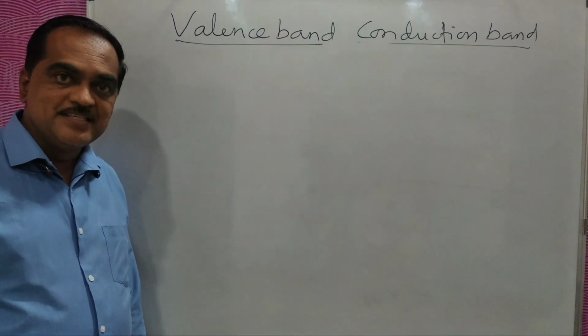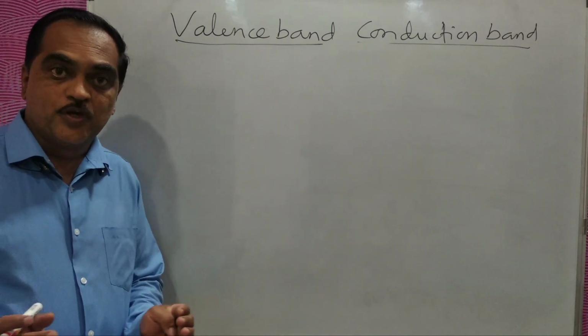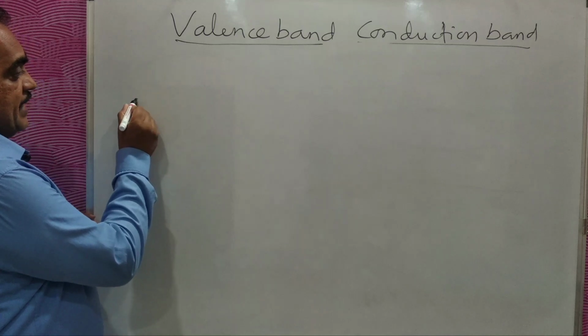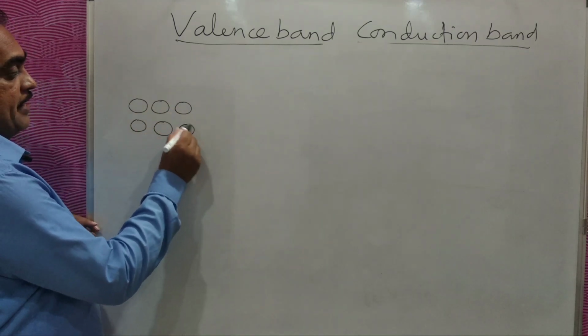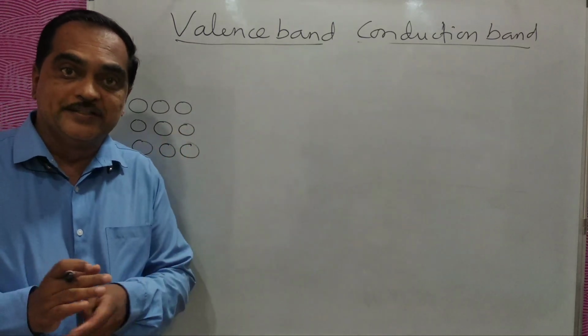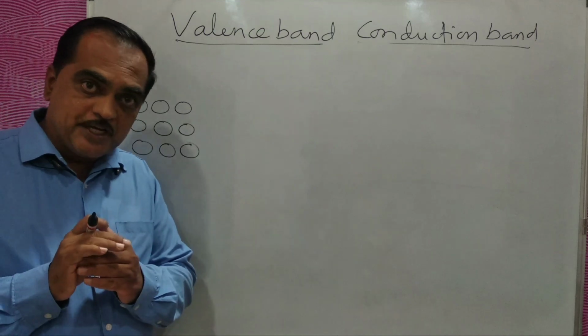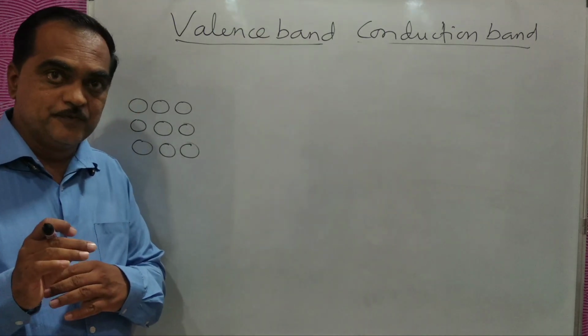Now students, similarly if you put many atoms together, this is atom 1, atom 2, atom 3, atom 4, atom 5, atom 6, atom 7, atom 8, atom 9, all the atoms together, then their respective energies of every orbit will get combined.